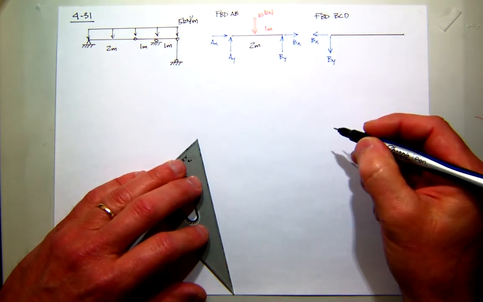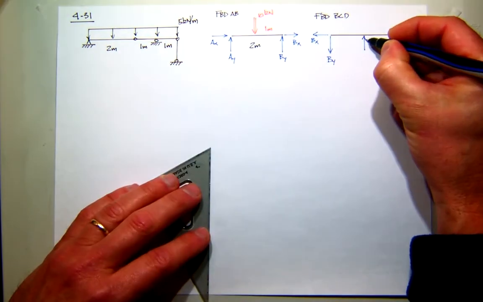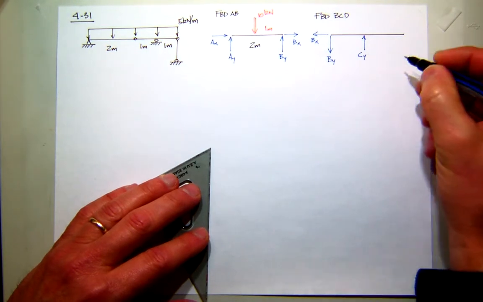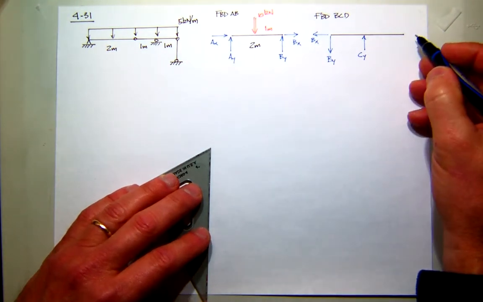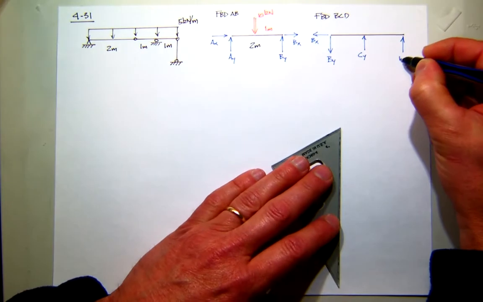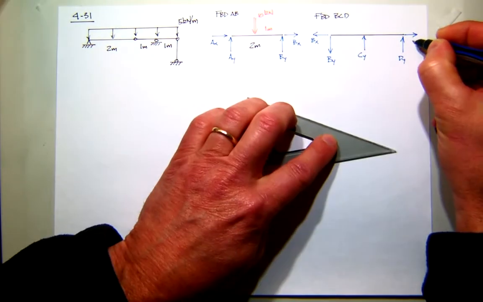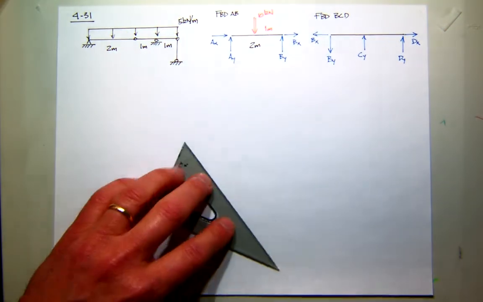Then I'll come to my reaction at C. I'll assume that's up. That's a roller, Cy. And then I'll come out here to my pin at D, and again I'll assume Dy and Dx.